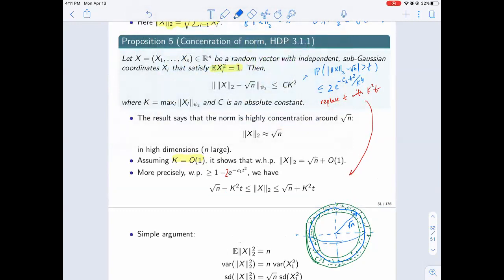Okay, is the idea of the result clear? Yes. So instead, if you have expectation of xi squared to be something other than 1, how will your bounds change? That's a good question.